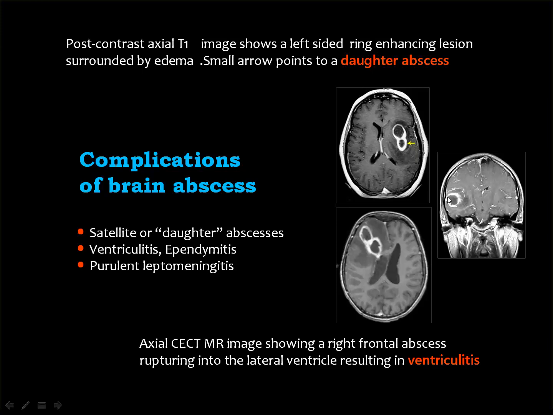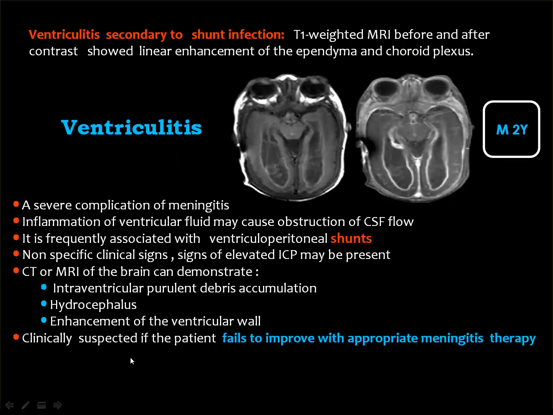Number three, if the abscess has reached the meninges, it will result in meningitis. Ventriculitis is diagnosed whenever you see that the ventricular wall is enhancing, similar to an abscess, and the fluid inside the ventricle is no longer similar to the CSF, because it contains inflammatory debris and pus.